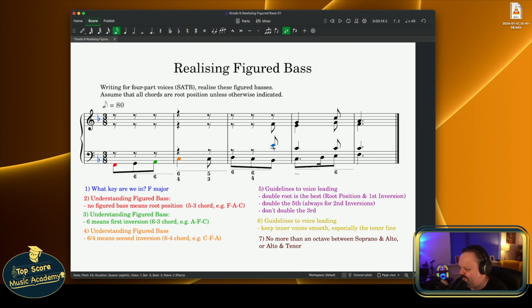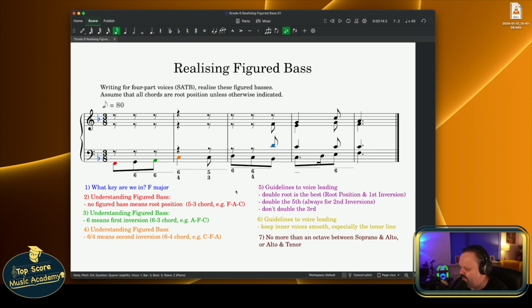So yeah, D's the better choice there for that voice. And F is a good choice for the alto. And what I can do then is just double the tonic, double the root of the chord up there in the soprano part. Okay, so it's looking good so far.